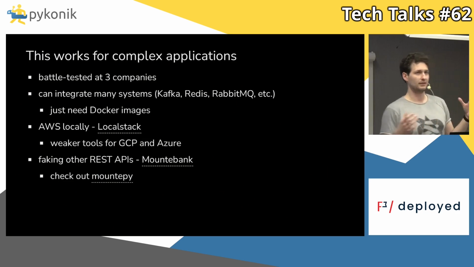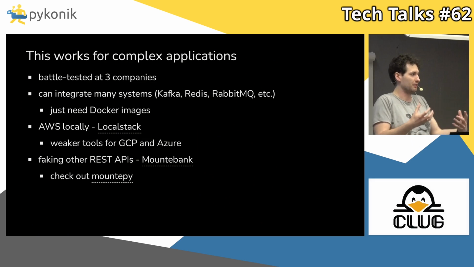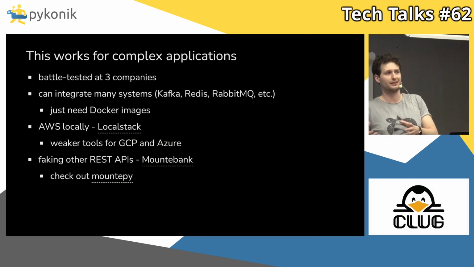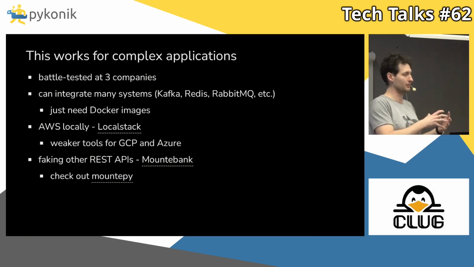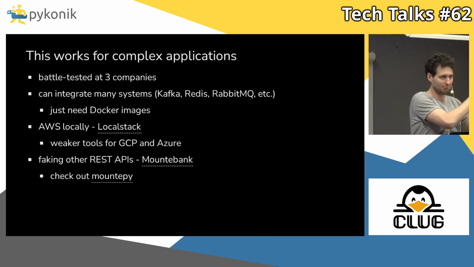Whatever tool has a Docker image, you can integrate it with your app, and it's actually a part of your application. So you can write less code and rely on services and databases and tools more.